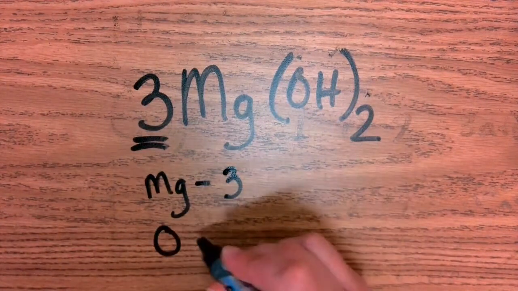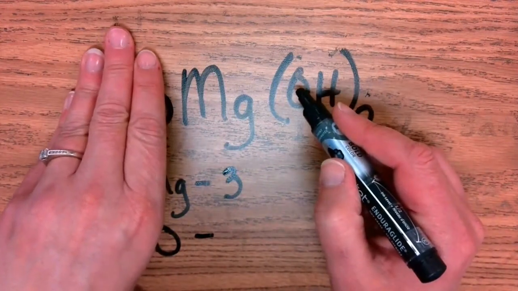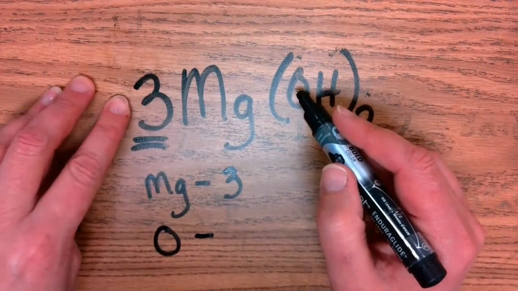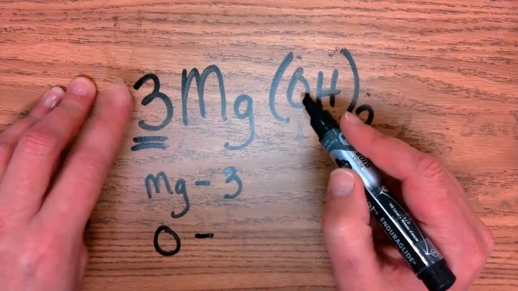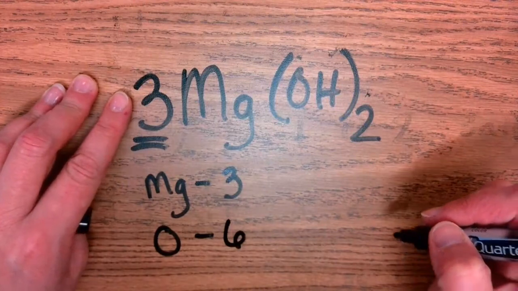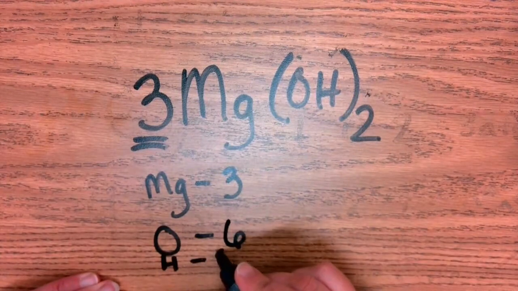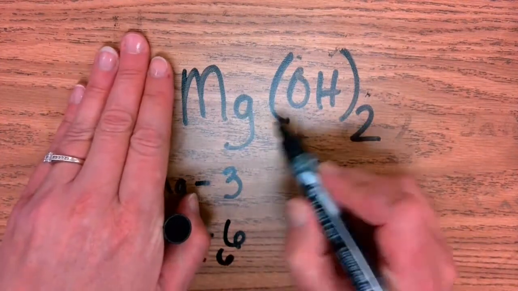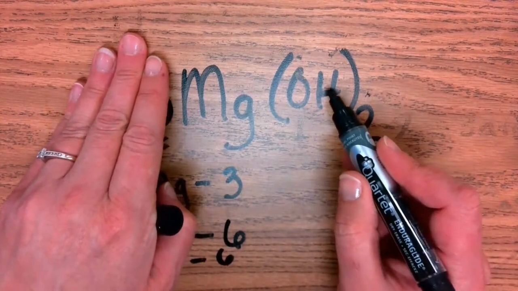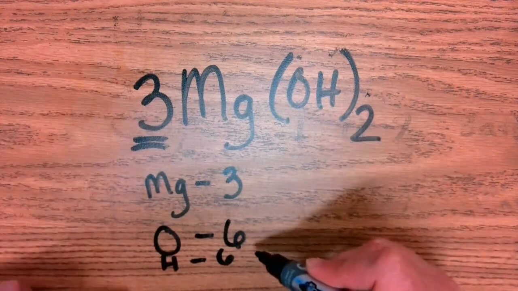In terms of oxygen, since I would have 2 in just 1 molecule, but I have 3 molecules, I would have 2 times 3 for 6 oxygens. And the same would go for our hydrogens. In 1 molecule, I would have 2, but 3 molecules is 3 times that for 6.